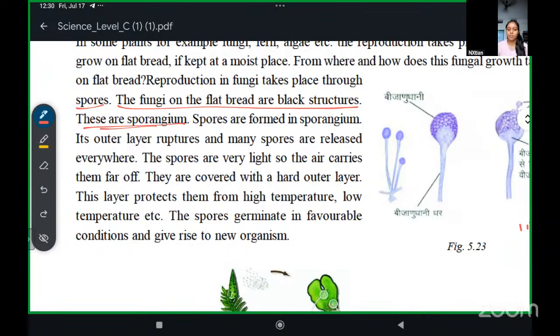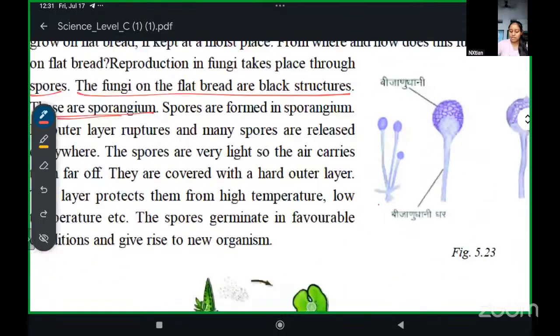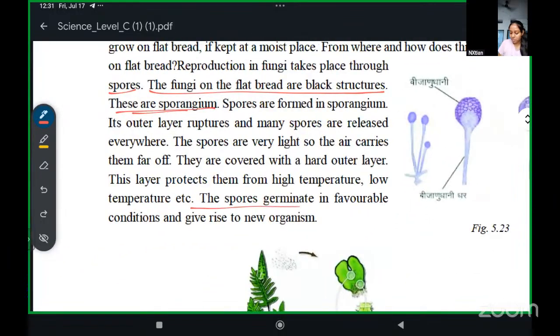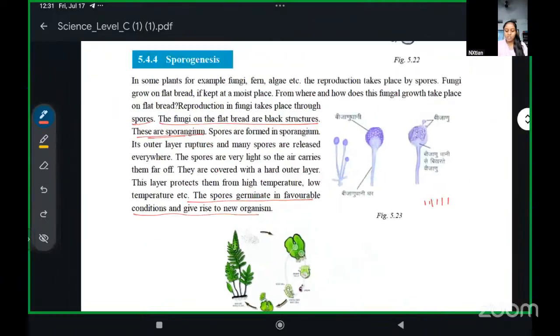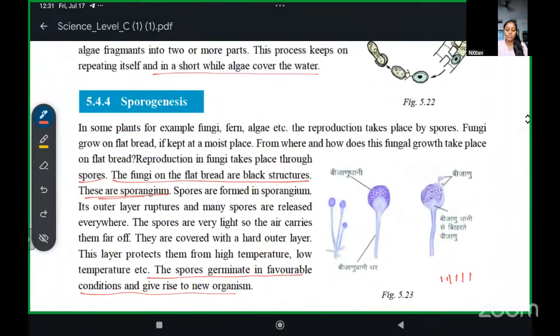The spores germinate in favorable conditions, giving rise to a new organism. This method is known as sporogenesis.